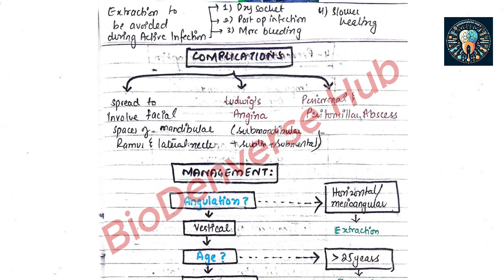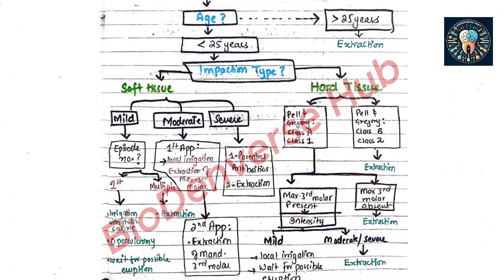Now we will be discussing the management protocol for pericoronitis or the impaction that has been occurring. So first of all, you need to look for the angulation. If it is horizontal or mesioangular, you need to extract that tooth. If it is vertical, then you need to check the age of the patient. If it is greater than 25 years, you need to remove that impacted tooth that is vertical in orientation.